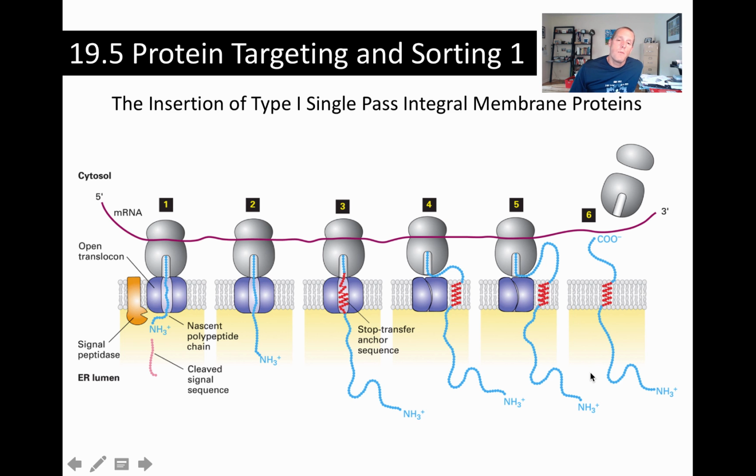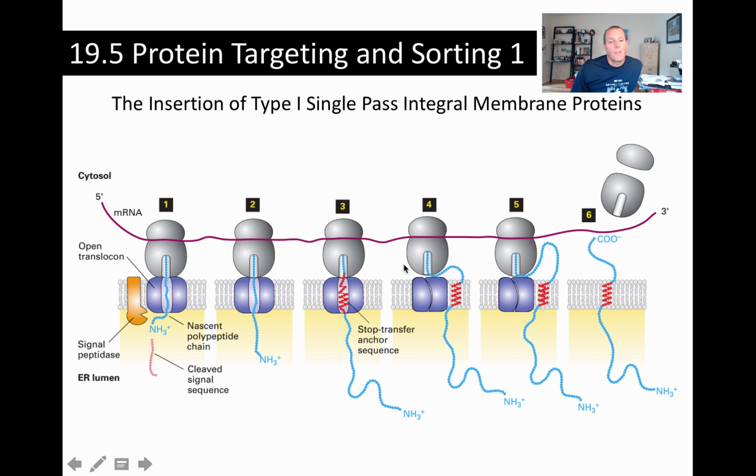And then whenever we move that through the endomembrane system, we're always going to maintain that kind of sidedness, with the amino terminus inside whatever structure we're looking at, and the carboxy terminus in the cytosol. If you think about what happens when a vesicle containing this membrane protein fuses with the cell membrane, you can work out whether the carboxy terminus would be outside the cell or inside the cell, and the same for the amino terminus.